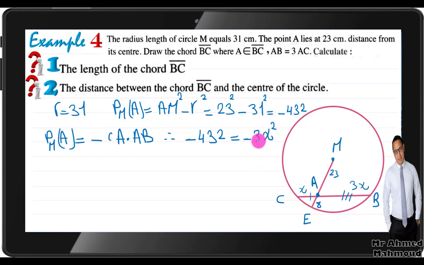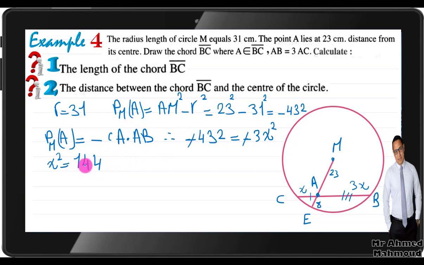Now I'm going to cancel the negative and divide by 3, so x power of 2 equals 432 divided by 3. 4 divided by 3 equals 1, and 13 divided by 3 equals 4, 12 divided by 3 equals 4.